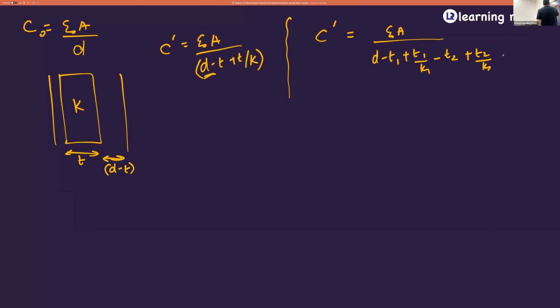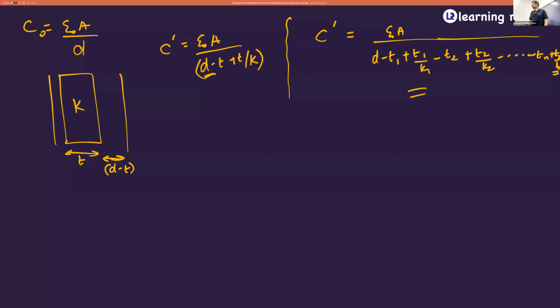It keeps on going like this when you have multiple dielectrics present between the plates, of thickness T1, T2, and so on till Tn. So what will be the last term? Minus Tn plus Tn divided by Kn. Right? So this is how it is going to be.